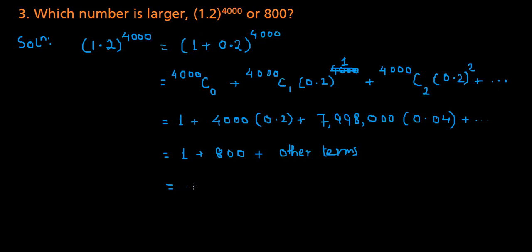It was sufficient to prove that it is greater than 800, because we are getting 801 plus the other terms. Okay, so using similar logic, we can say 1.2 raised to the power of 4000 is greater than 800.